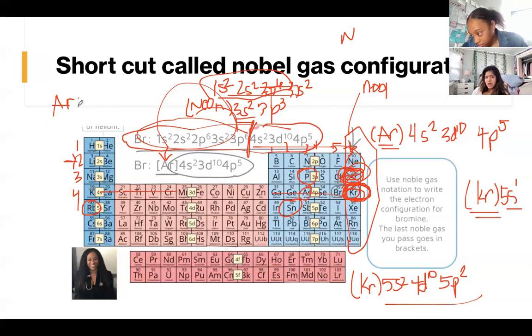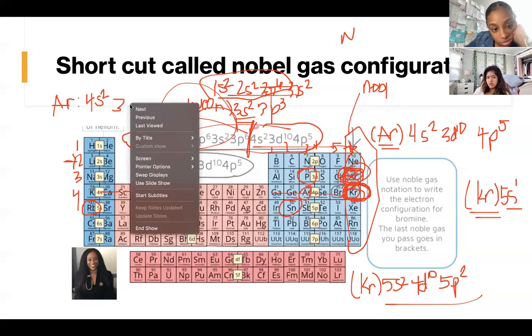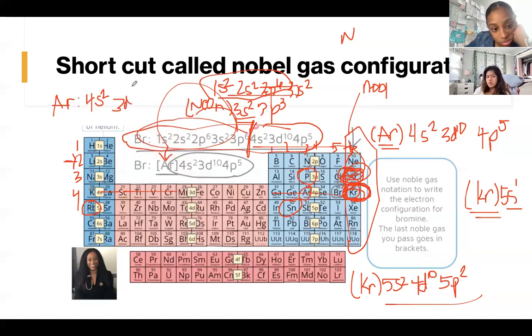It would be Ar, and I'm not quite sure what the last configuration would be. 4s2, 3d10, wait, which one are we doing?